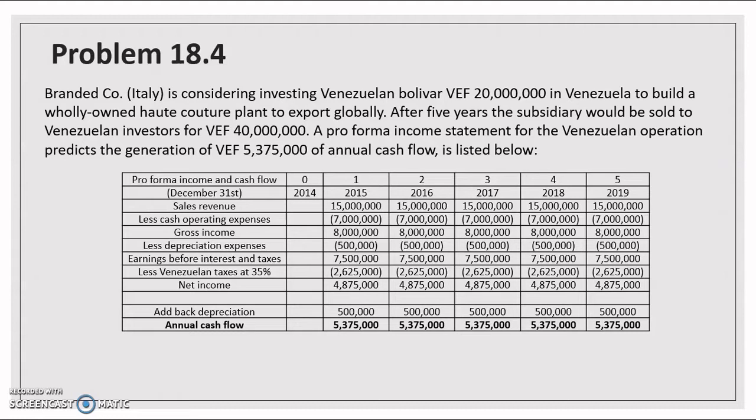Couture essentially means that. They are estimating that after 5 years, the subsidiary is going to be sold to some prospective investor based in Venezuela for double of what they are investing. So they're expecting a double or an incremental value on their sale.